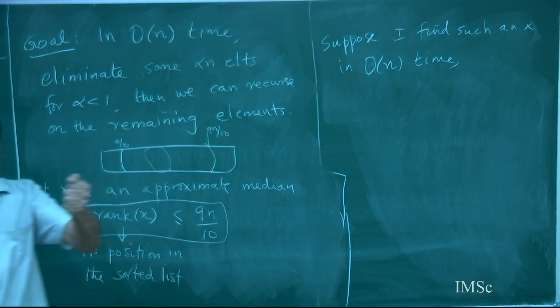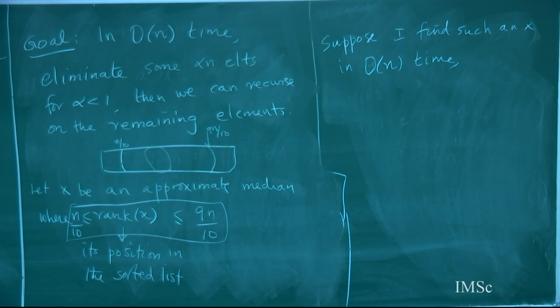Like any element, I give you an element, I want to know what is its rank. Is it not easy to find? How do I find it? What does rank mean? In the sorted list, where will it appear? So how do I find x's position in the sorted list?